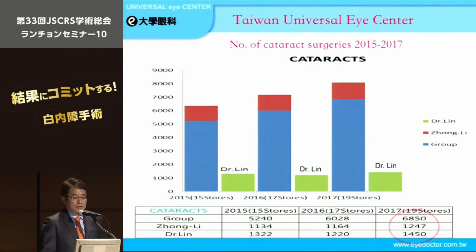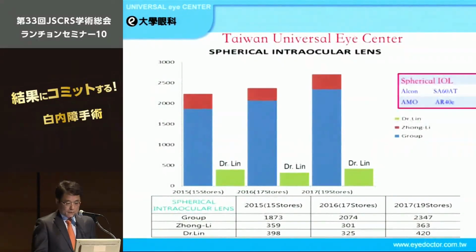This slide shows the number of cataract surgeries from 2015 to 2017. We can see we are approaching 7,000 cases a year.